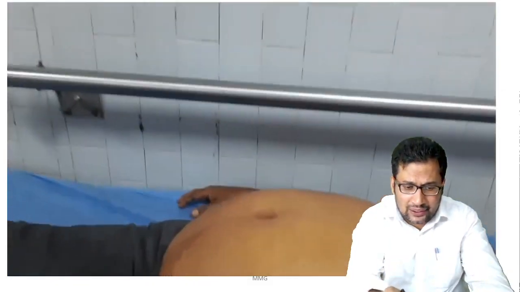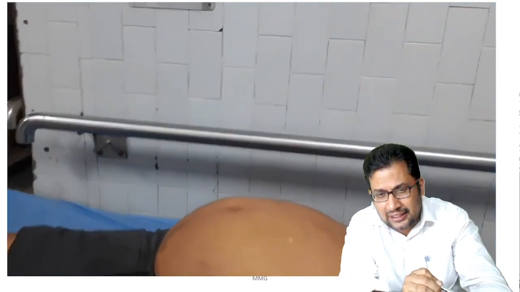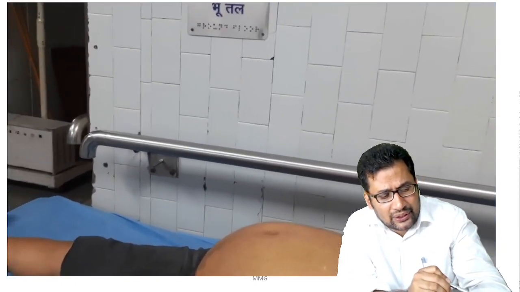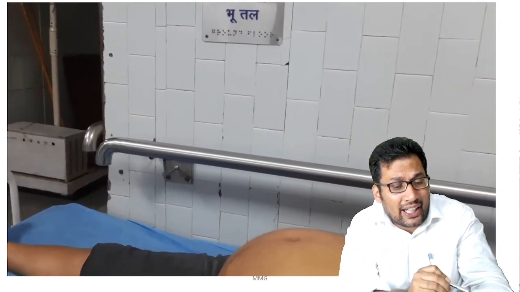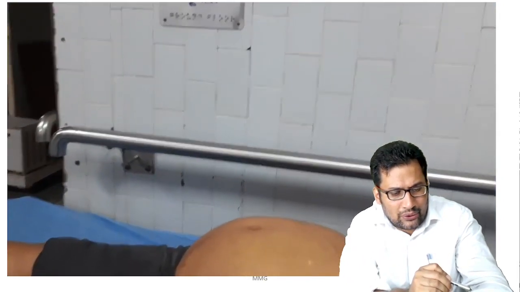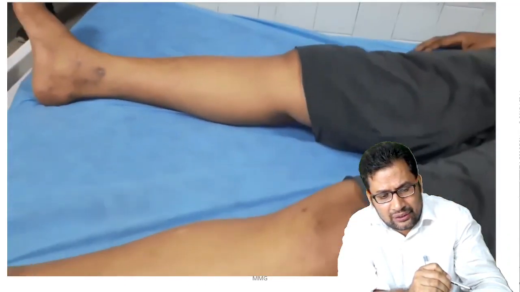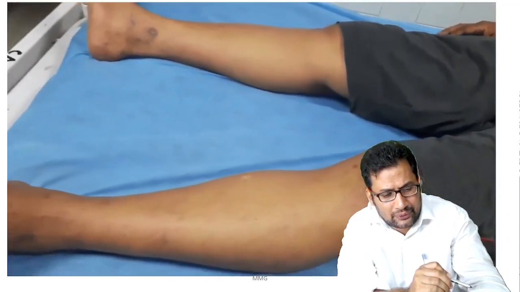This is the ascites, clearly visible. And also over the limbs, you can see the pitting edema, and also here.